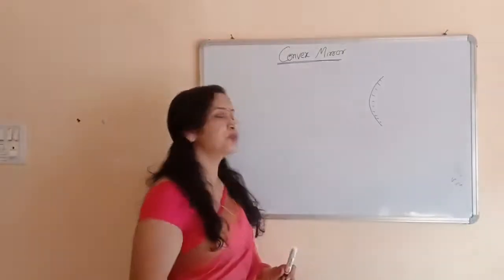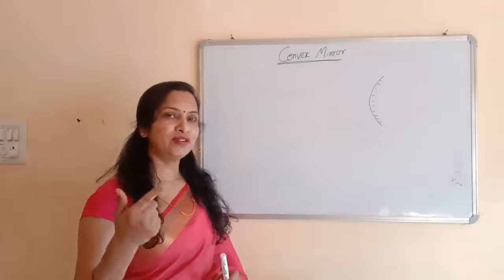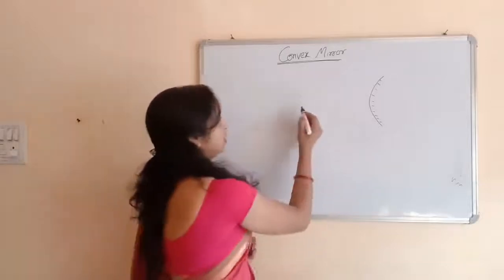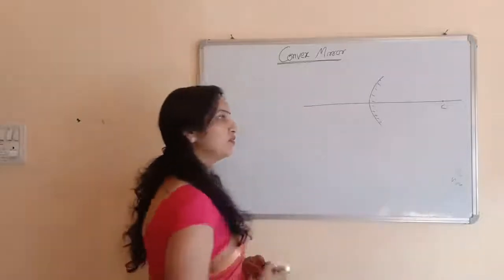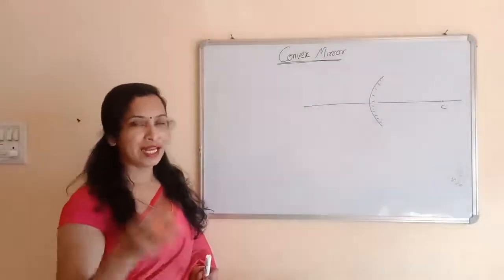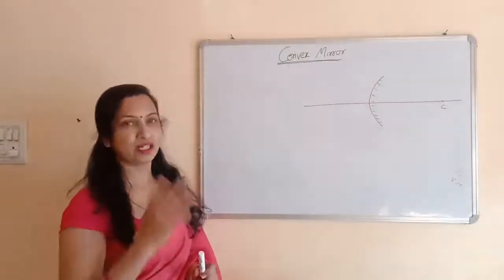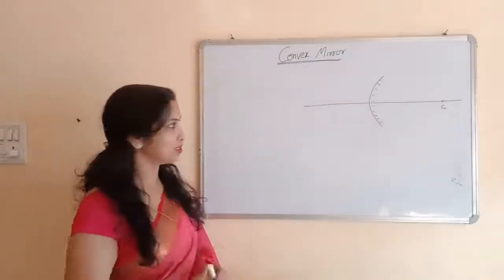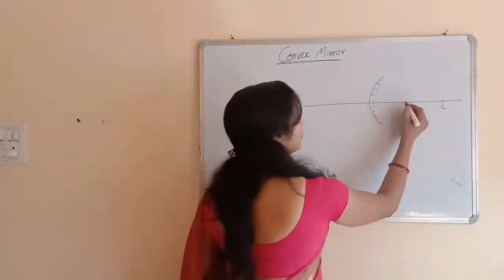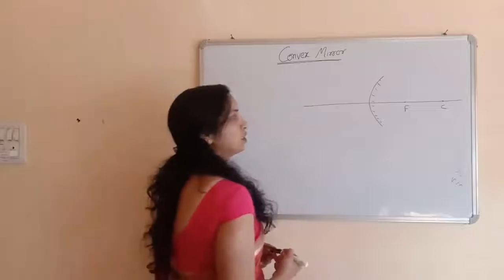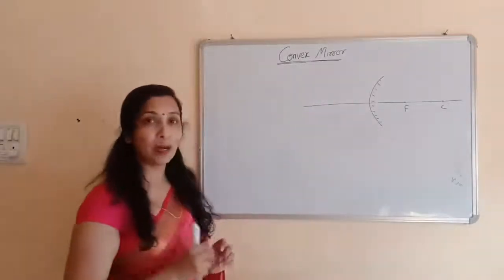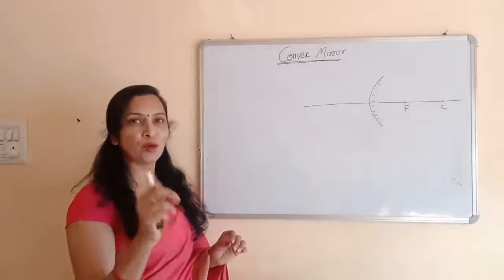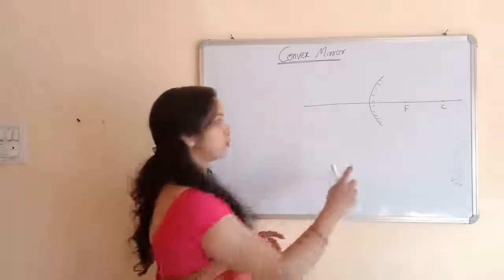I explained to you the different points on the convex mirror. Like this is the center of curvature. Center of curvature means the center of the sphere of which this mirror is a part. I explained this in the last lectures. And this is the principal focus. Principal focus means the light rays coming parallel to the principal axis appear to diverge from a point on the principal axis, which is called the principal focus.